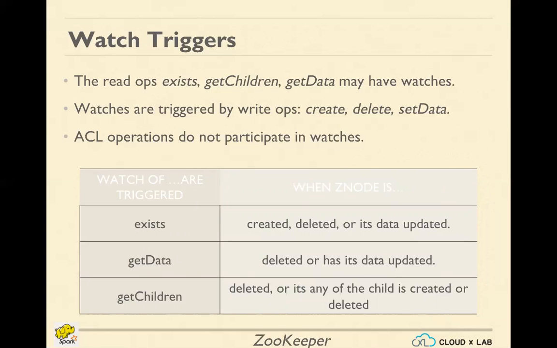Similarly, the triggers of get data get executed when a particular znode on which we did get data gets deleted or its data is changed. Similarly, the watches of get children get executed when the node gets deleted or any of its children are created or deleted.